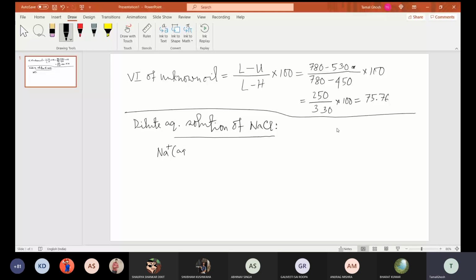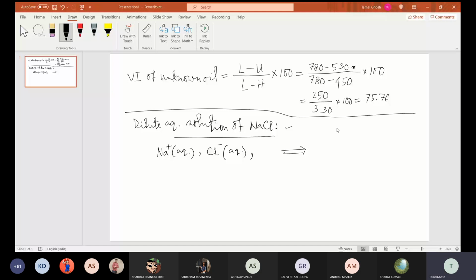Whenever you are adding a small quantity of NaCl in a large volume of water, the cation and anion, that is Na plus and Cl minus, will be getting solvated, and these ions will be existing there. Here the justification you can write: this is a strong electrolyte and it was a dilute solution, so all the sodium chloride will be completely dissolved.